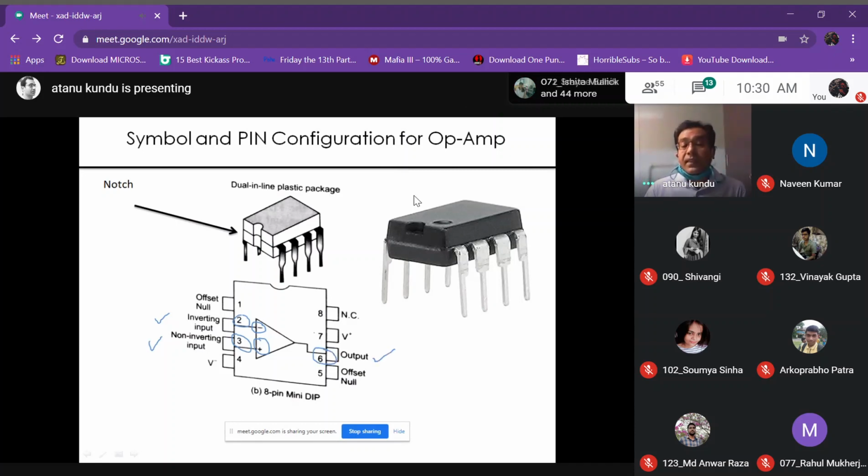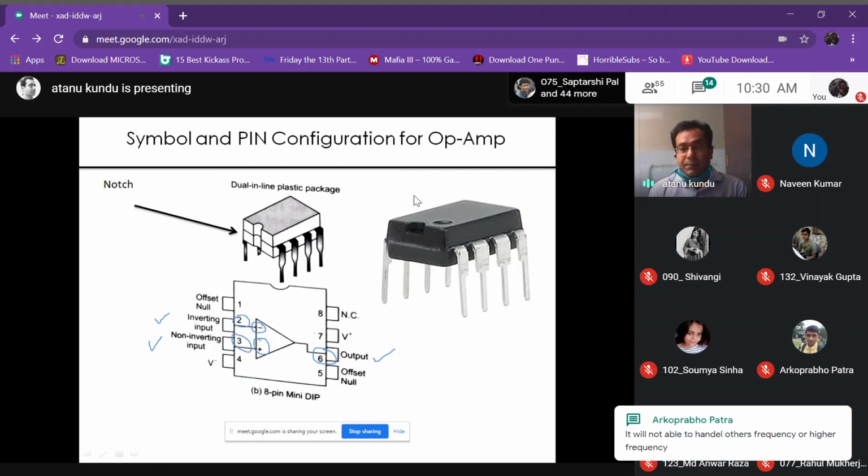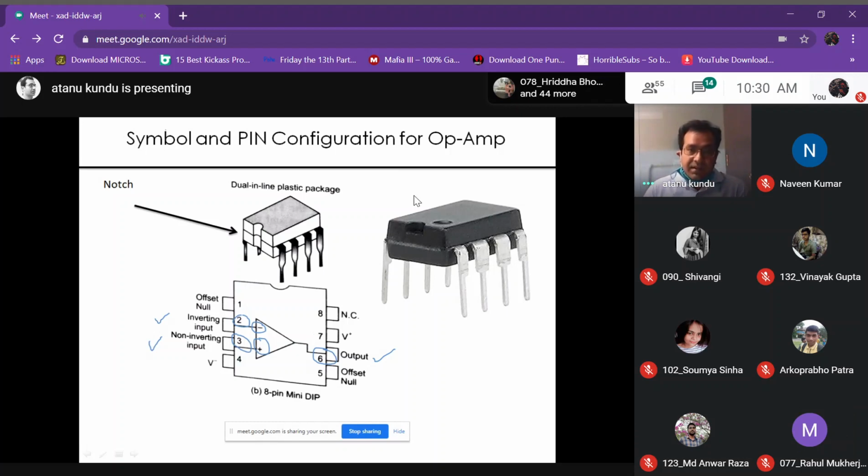Now this is an IC, and this IC has so many circuits and transistors, and if you want to operate these transistors, you have to bias them properly. So you need some bias voltage. For the biasing, you need a negative voltage, which, as I told you, varies from -5 volt to -35 volt.